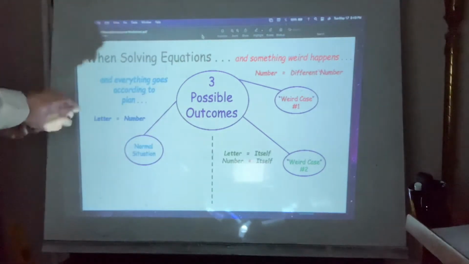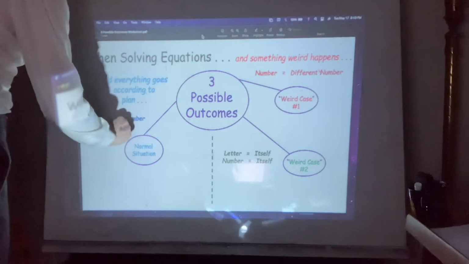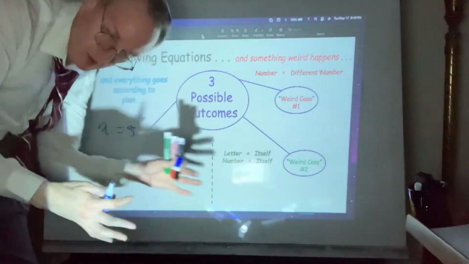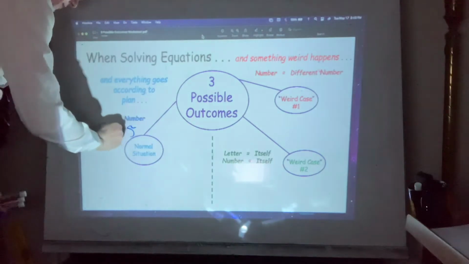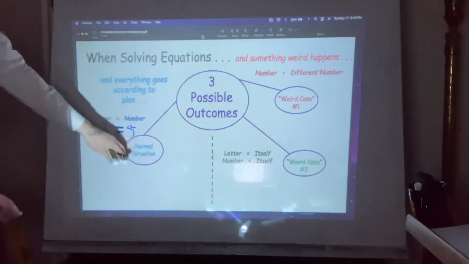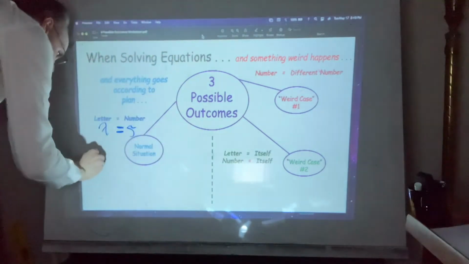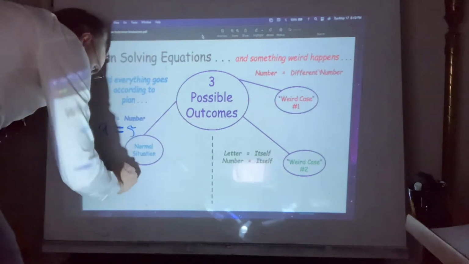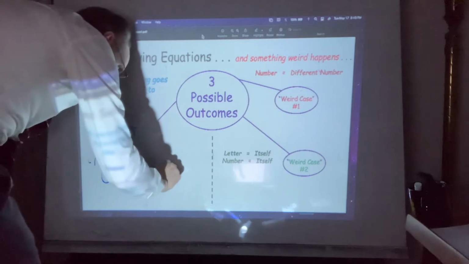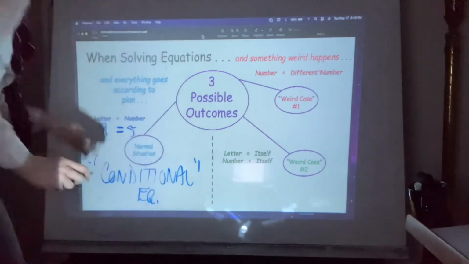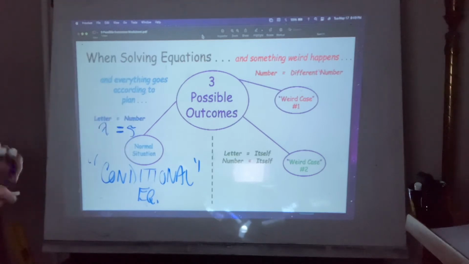So say for example, you got x is equal to 5. The satisfying, brainwashed way that we are taught to look for things, right? Letter equals number. That's more or less the normal situation, but there's a fancier word for that. That is called conditional. This is a conditional equation that produces that sort of a result, all right?